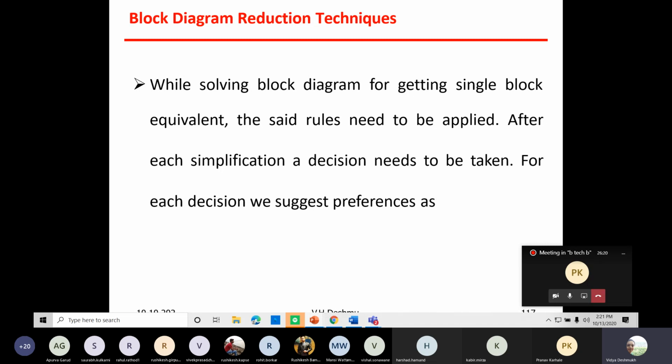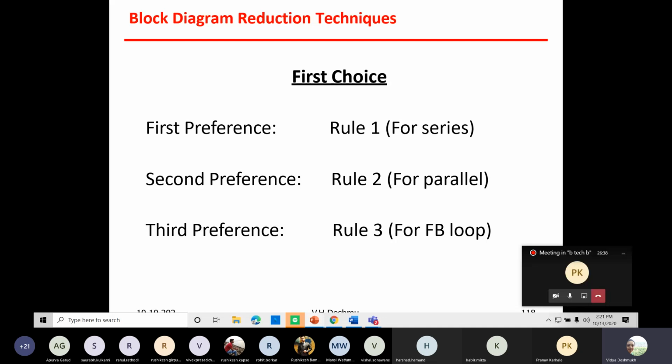While solving a block diagram reduction problem to get a single equivalent block, the rules need to be applied after each simplification, and preference should be decided at each step. We studied rules number 1, 2, 3, so we have to give preference to the first 3 during reduction. A block diagram with more than one block is given, and we have to find a single equivalent block.